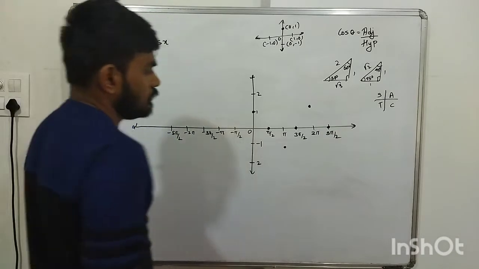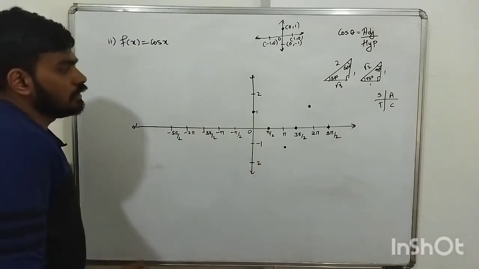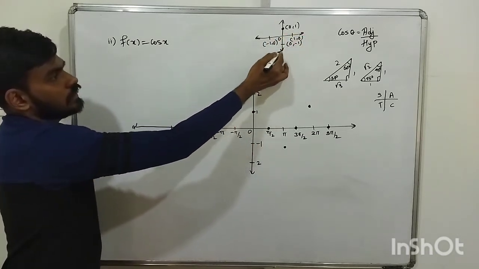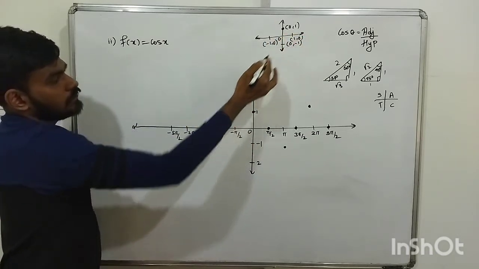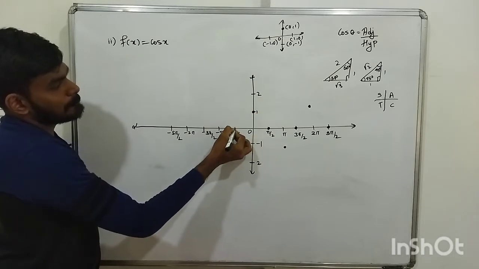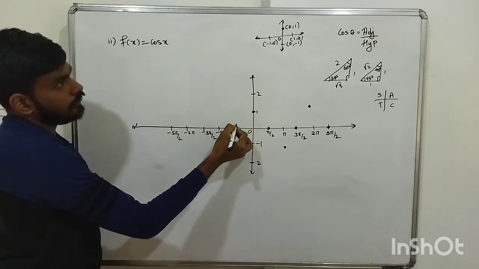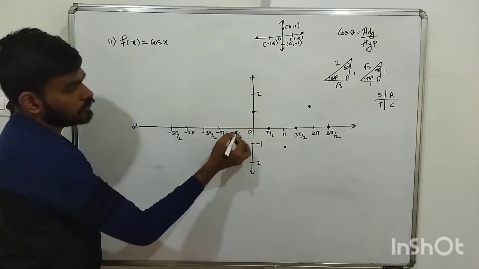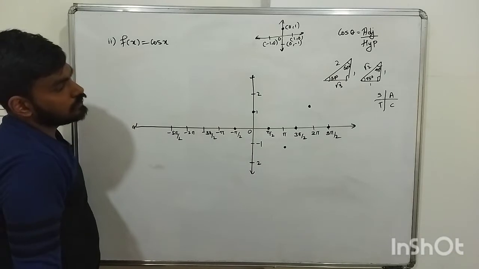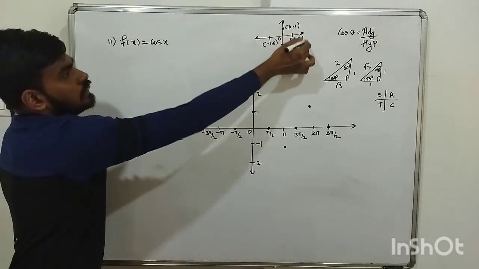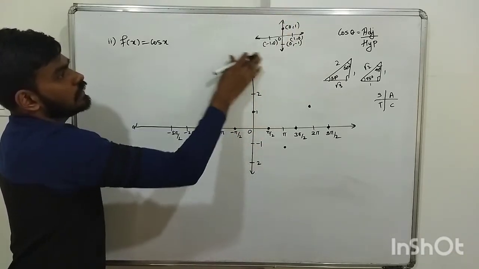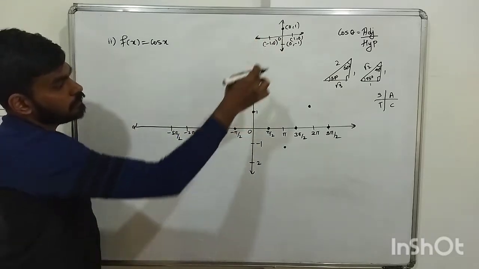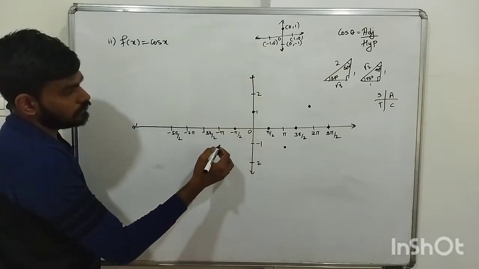and so on, understood, no? Same way, negative side, cos of minus pi by 2 is 0, it will come here. Then cos of minus pi is here, see, this way you go. Cos of minus pi is minus 1, so it will come here.